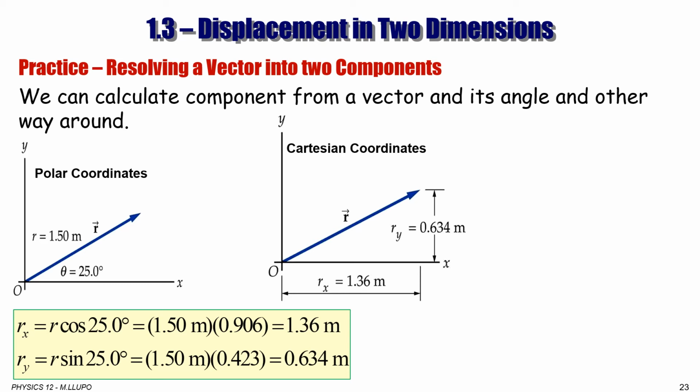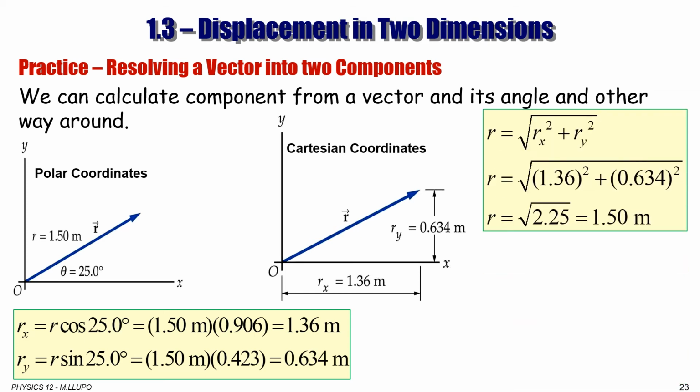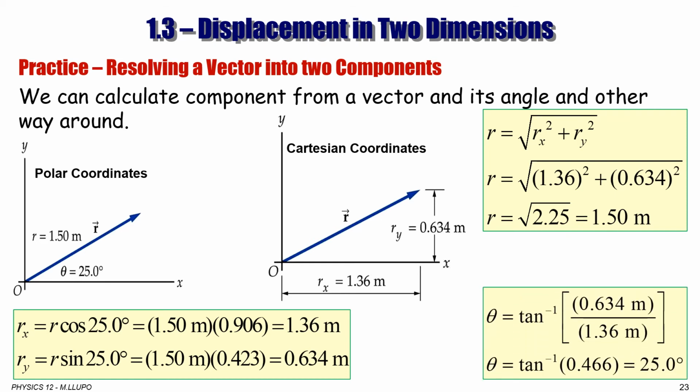I want you to pause the video and try to practice finding the magnitude of R and the angle. If you get this result, R is equal to 1.5 and angle theta is almost 25 degrees, using those calculations, you are correct.